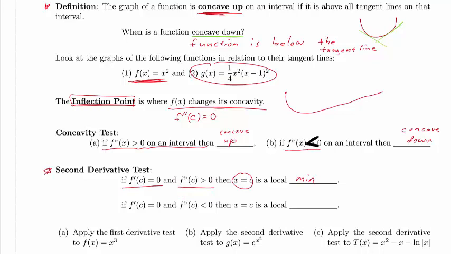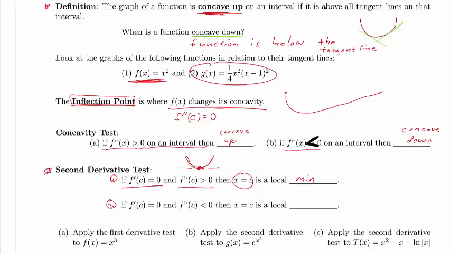What does this guy right here mean? Well, it means that it's concave up, right? That's what concave up looks like. And at that point, well, that's a derivative of 0, and that gives us a local min. So that's why we say that it would be a local min here.